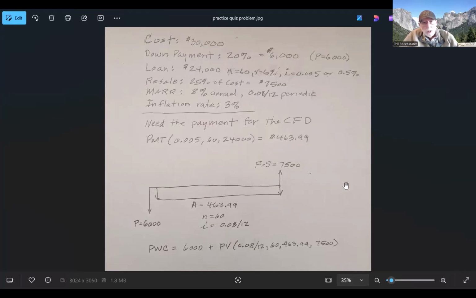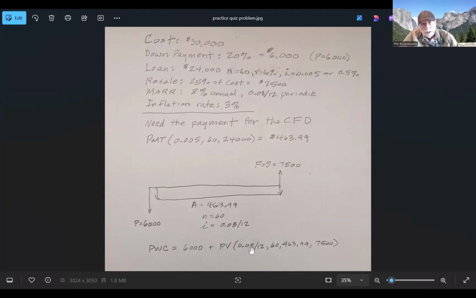So now, what is the present worth of cost of this vehicle? So we want to add up all the costs. Well, we have $6,000 is the initial cost, so I have a 6,000. Then I want to find out what is the present value of this uniform series and the present value of this future value, this F value. Well, I can do that with one Excel function. The present value and the interest rate to use here is 0.08 divided by 12.